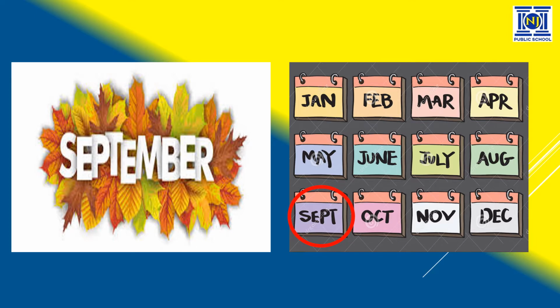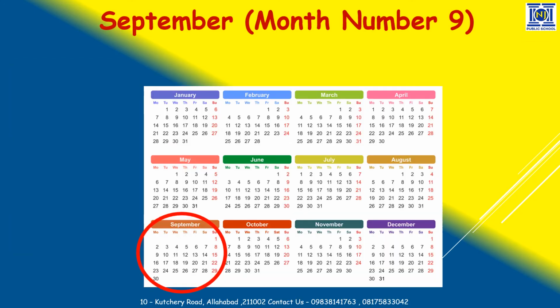Next month is the month of September. Children, the month number of September is 9. Can you see the date I have written over here? 2/9/2020. So how will you read it?